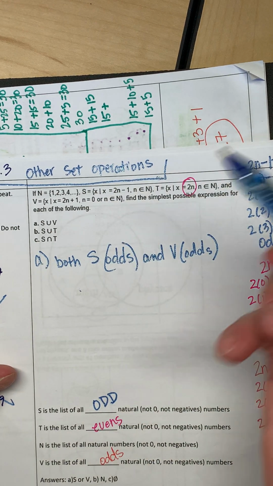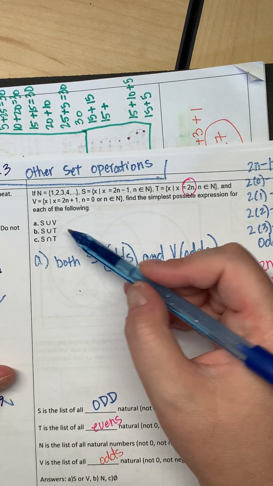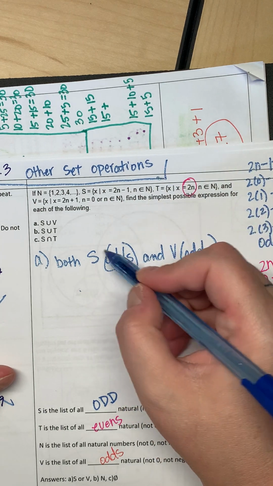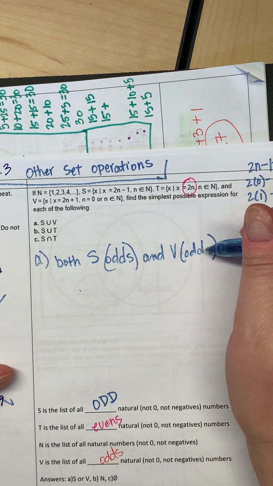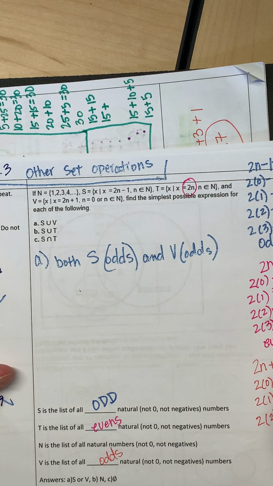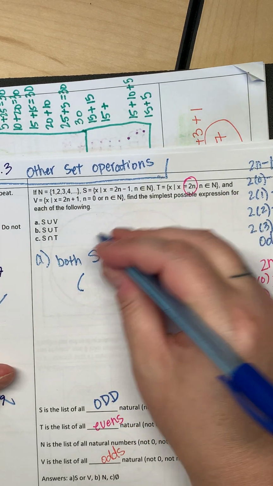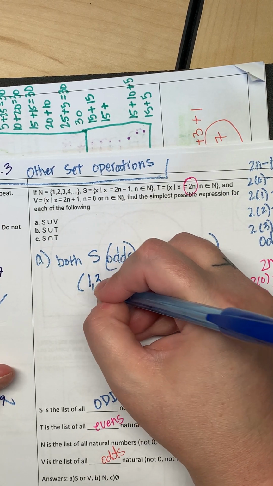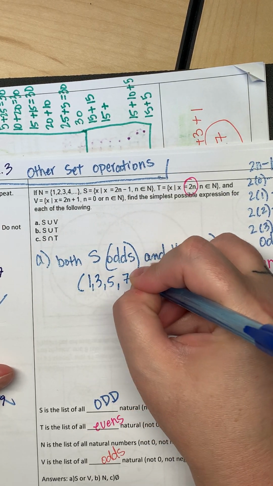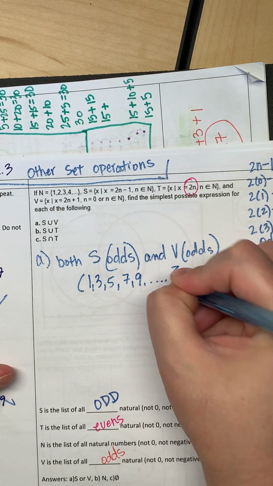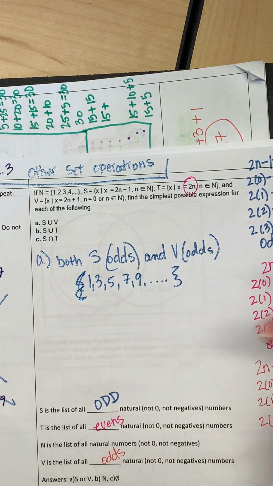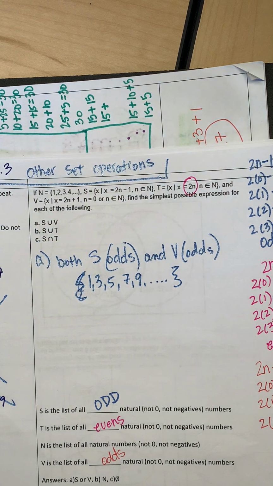So the union is all the odds we got from S and all the odd answers we got from V. So the odds, remember, were 1, 3, 5, 7, 9, and so on.